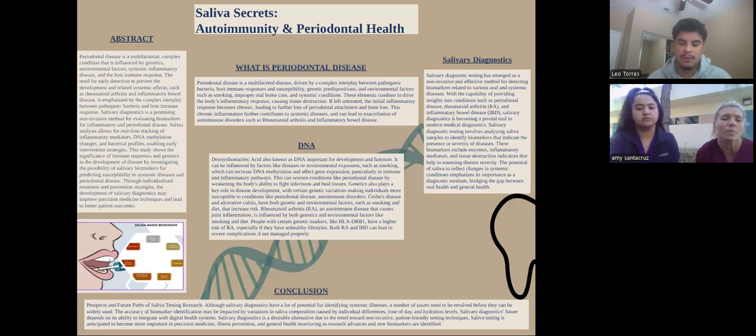The impact of periodontal disease goes beyond the mouth. Research has shown a bidirectional relationship between periodontal disease and systemic inflammation. And those disorders, rheumatoid arthritis and inflammatory bowel disease, are a part of that.